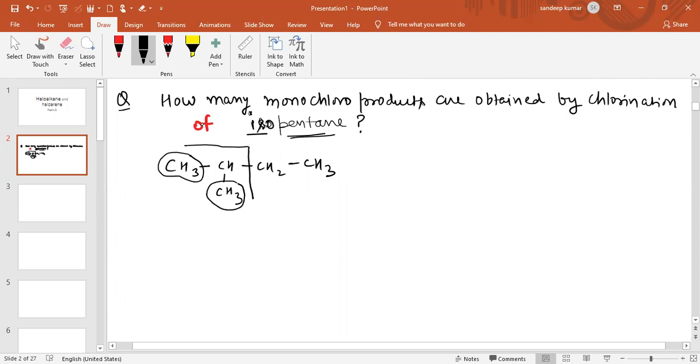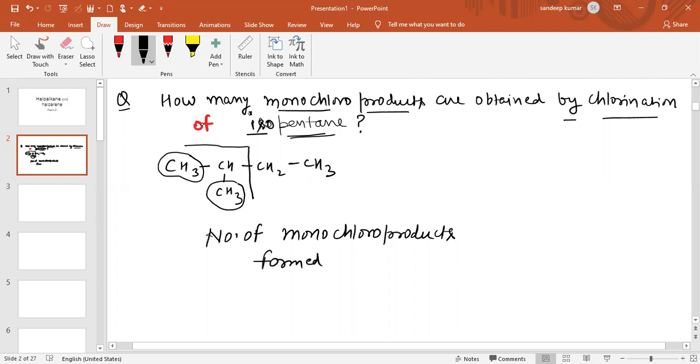Now if the question is about how many monochloro products are obtained by chlorination of isopentane, basically the number of monochloro products formed in chlorination depends on the type of hydrogen.